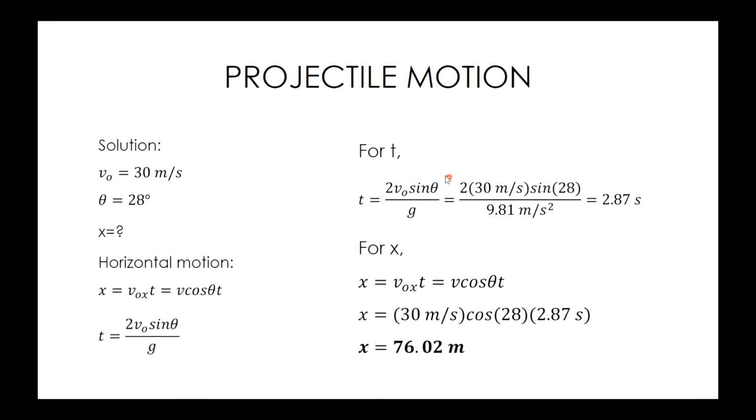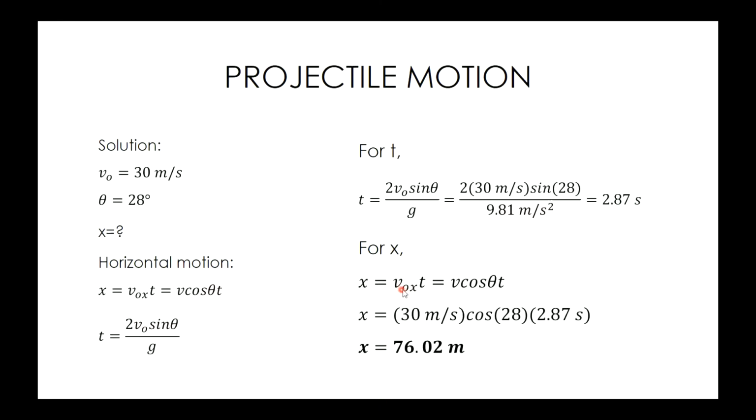So, first, let us obtain our time of flight T. So, direct substitution. 2 V0 sine theta. 2 times 30 meters per second times sine 28 over 9.81 rather, is equal to 2.87 seconds.